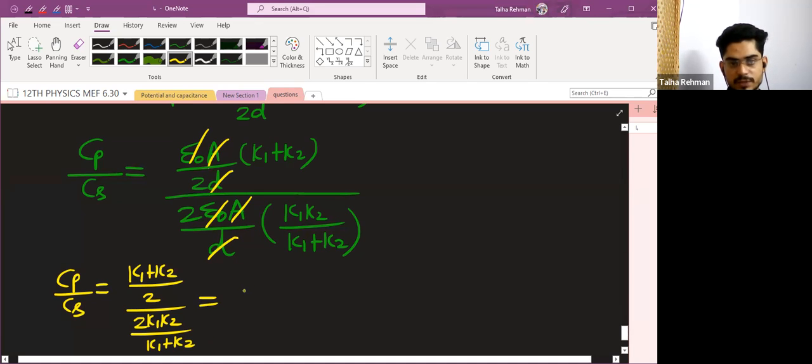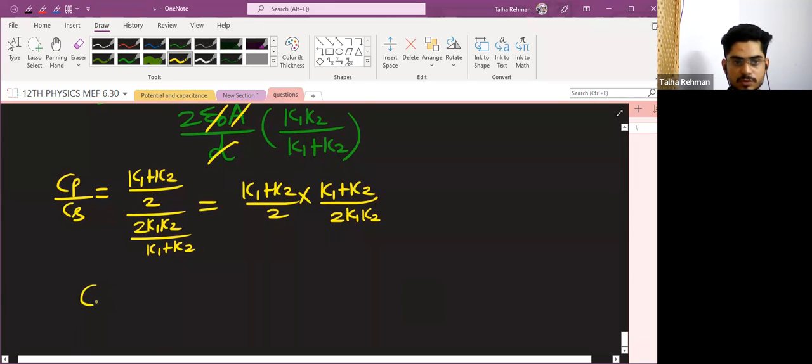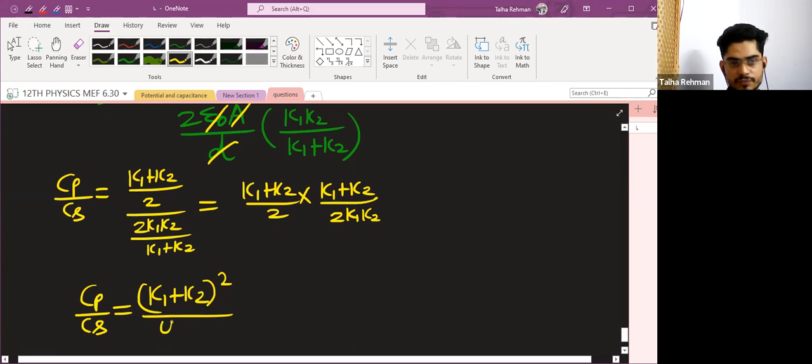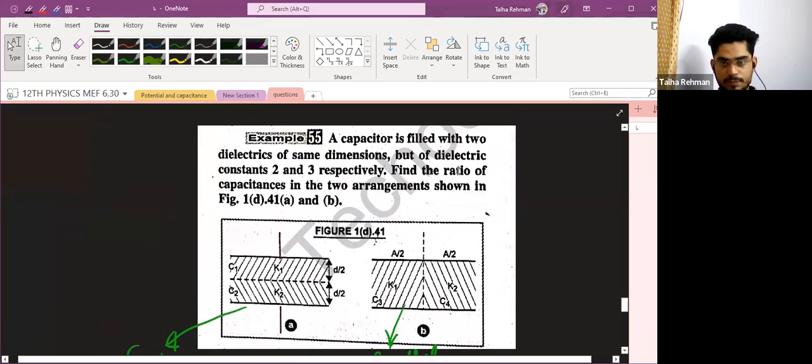So for this expression I can write K1 plus K2 divided by 2, times K1 plus K2 divided by 2 K1 K2. So the answer is the ratio Cp by Cs is K1 plus K2 whole square divided by 4 times K1 K2. So please note it down.